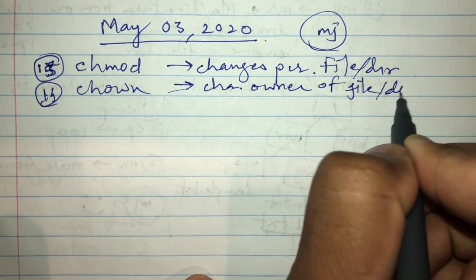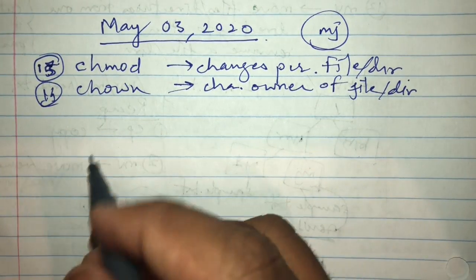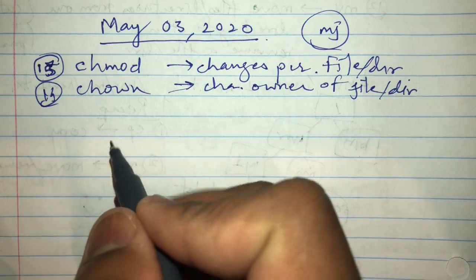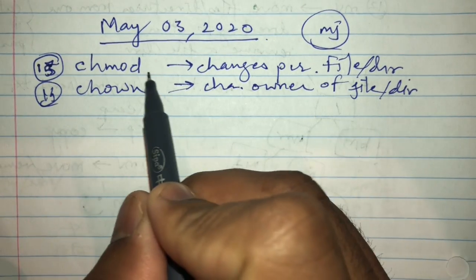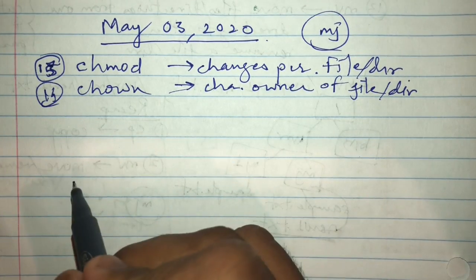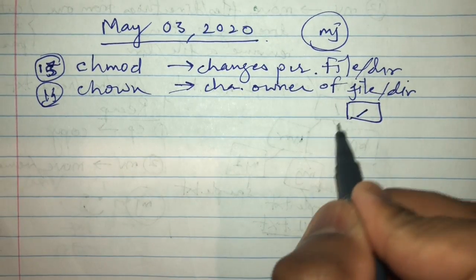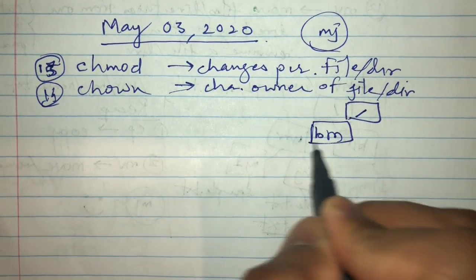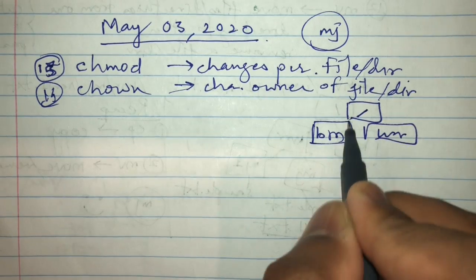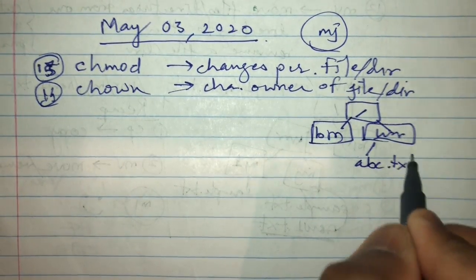Now one question that I always get when I try to explain these commands is where do we see the current permissions and current owner of the file or directory. So let me give you an example of this directory structure usr, and let's say there is a file called abc.txt.